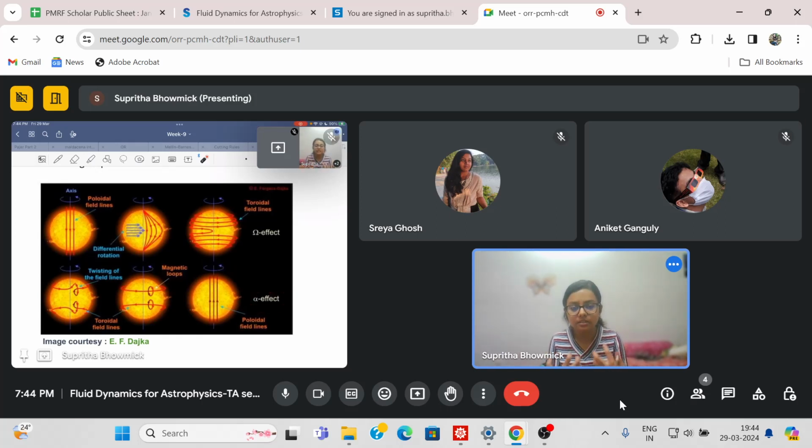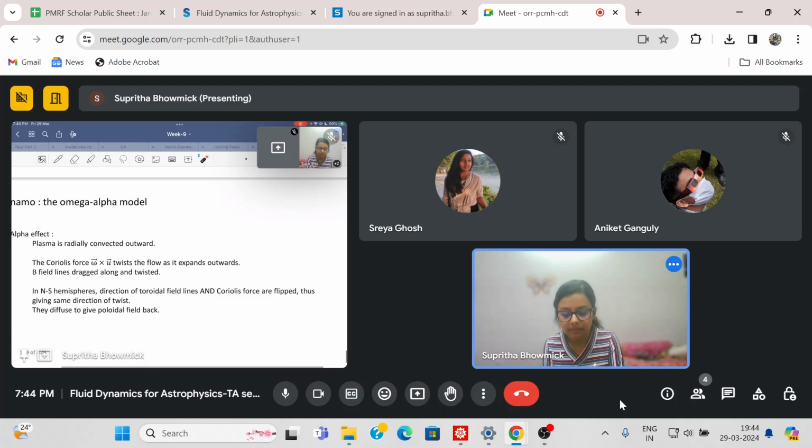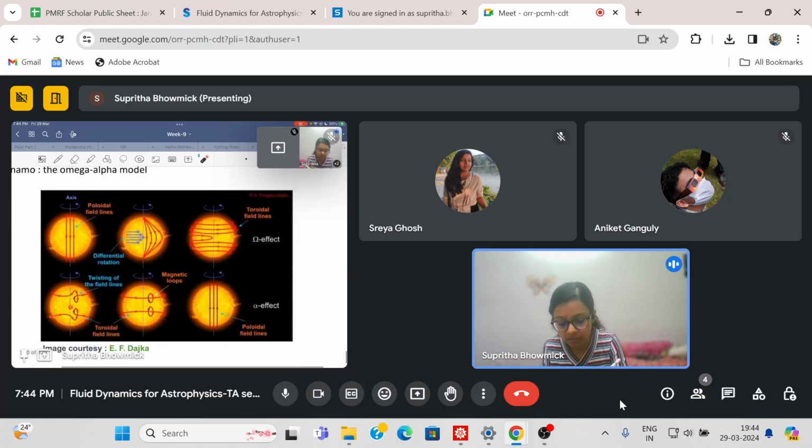There's no clear answer as to what exactly is responsible for this. But the most popular understanding is, let's say, for some reason, we'll skip the details, plasma is radially convected outwards from the interior of the sun, right?